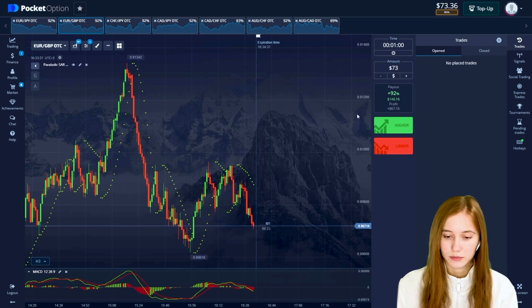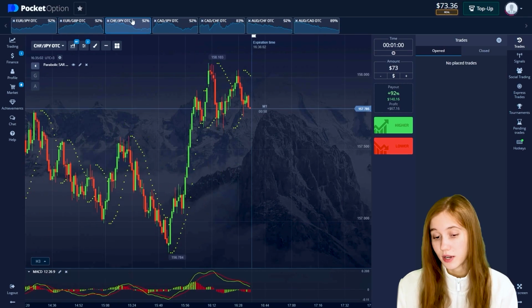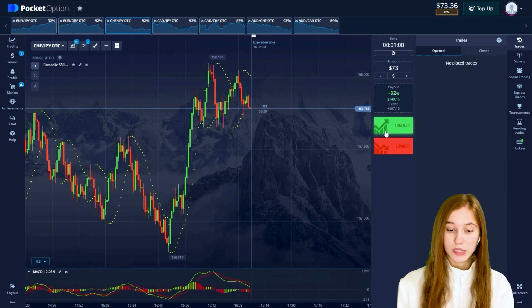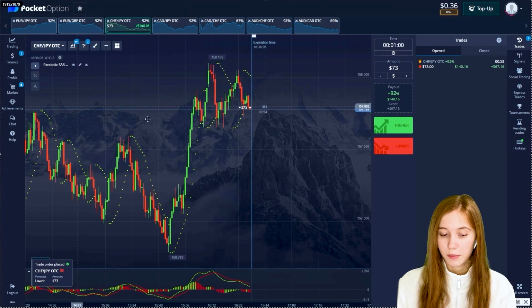And we move on. Here we are in the next concept pair. Let's open a down deal and we start our technical analysis. What we see here, first, by Parabolic we see a trend reversal, downward trend. Also on general technical analysis we clearly see a downward trend.